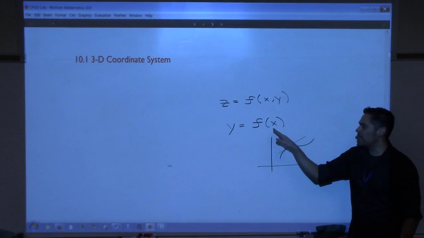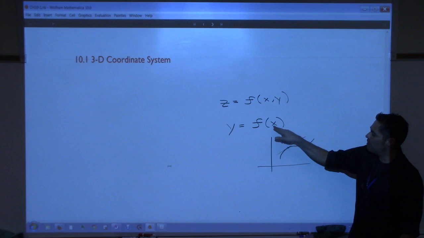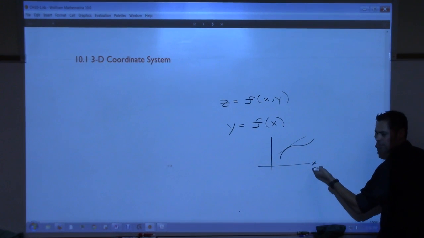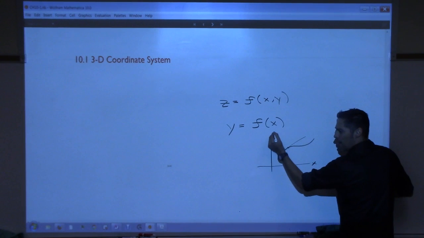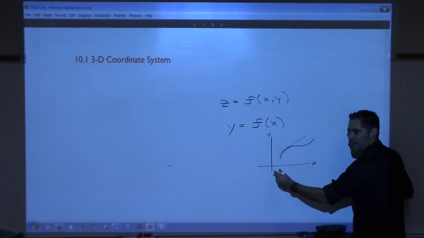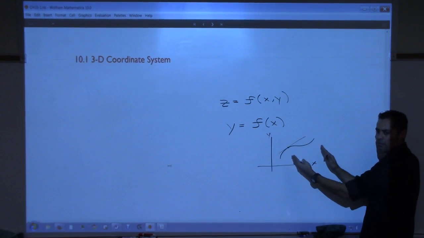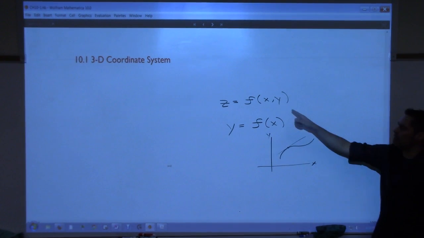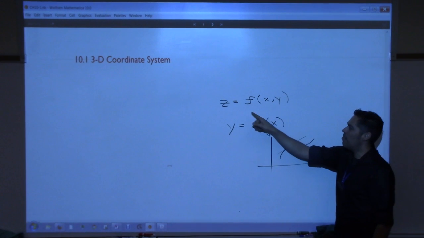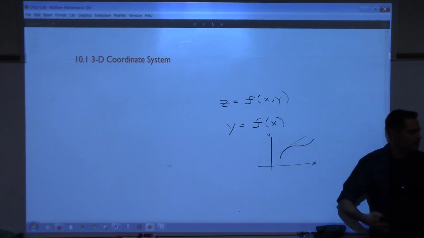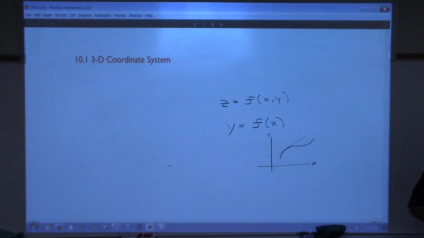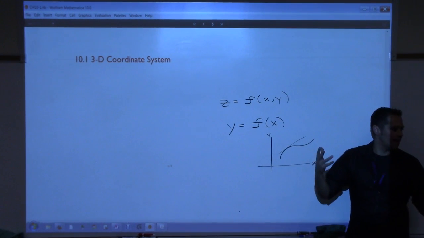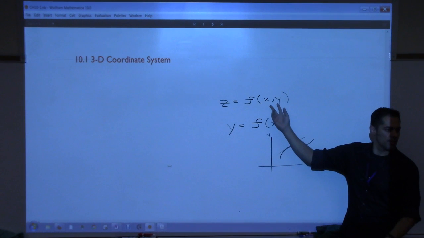Back in Cal 1 and 2, you have one input, so the x-axis was one dimension. The y was the output, right? So we have a second dimension, and we could somehow represent the graph on that sheet, right? But if we have 2 inputs and 1 output, then that's going to require 3 dimensions for us to visualize, isn't it? Does that make sense? So now you have more than one variable calculus.